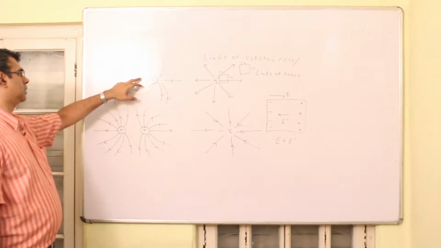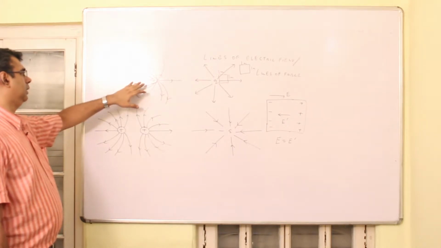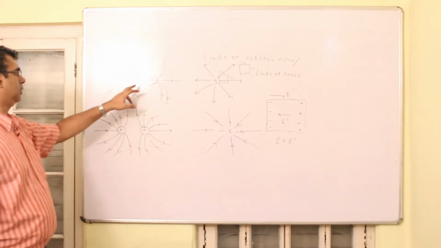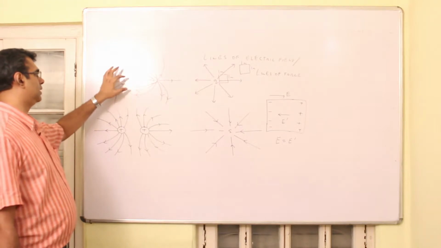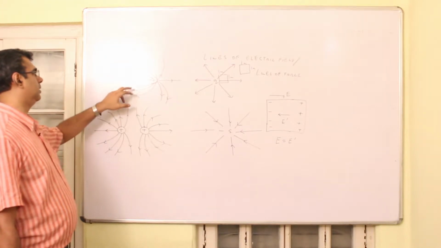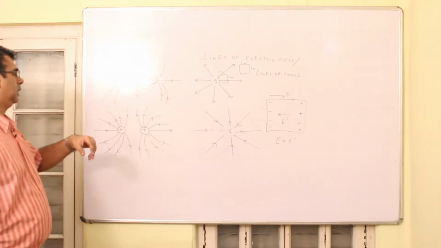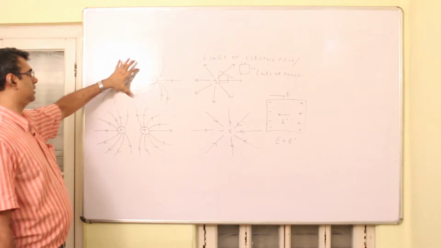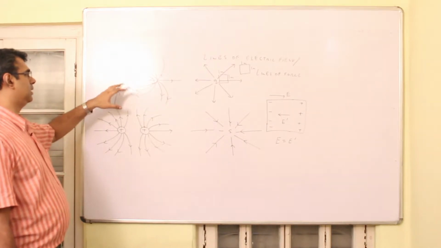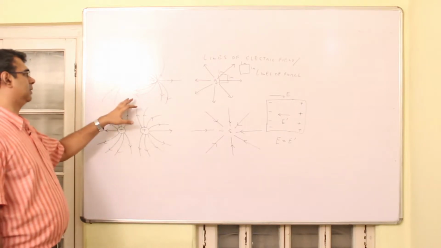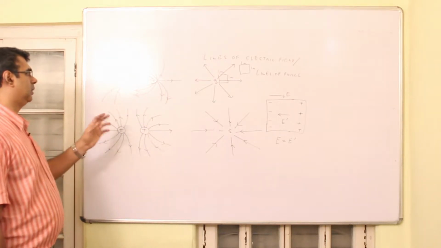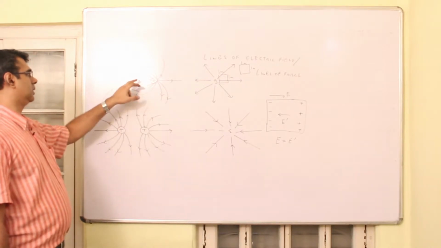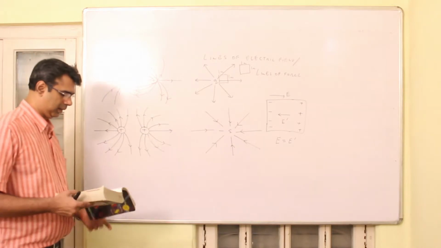The lines of force are directed in such a way, since the length between the positive and negative charge is fixed, that they tend to follow a path which suggests they are trying to contract in length, and in fact you will find that due to that they are expanding laterally. So laterally they seem to be expanding, lengthwise they seem to be contracting, and this explains the attraction between opposite charges. These two charges are opposite and they attract each other because the lines of force tend to contract along the length.